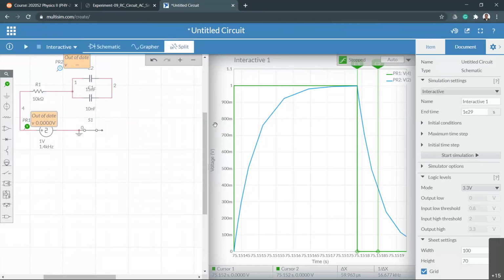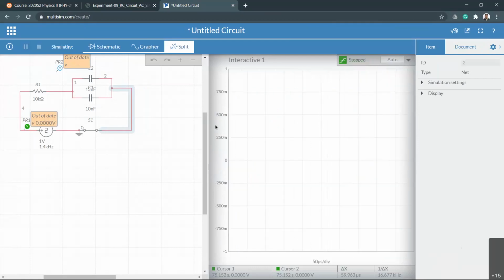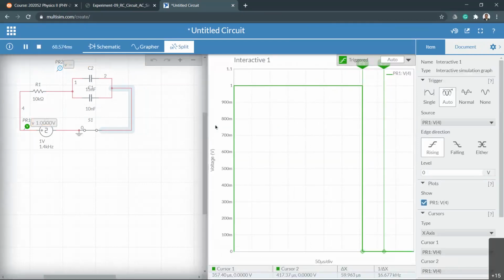Okay, and this endpoint. All right, now we have two capacitors, same numbers, everything is the same, but parallel to each other. Make sure you take in the screenshot for each case, okay? And then let's simulate this again. Okay, click that. And it's simulating.